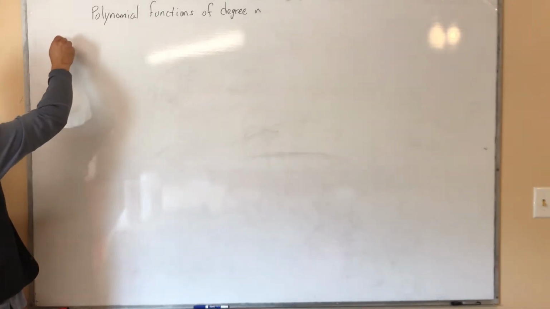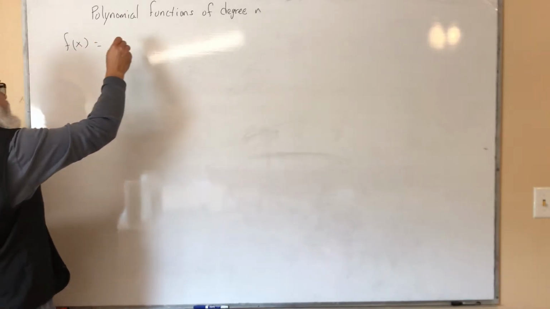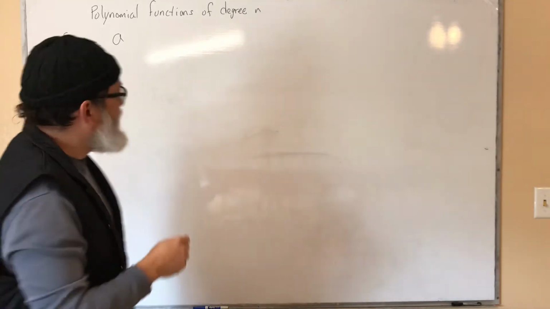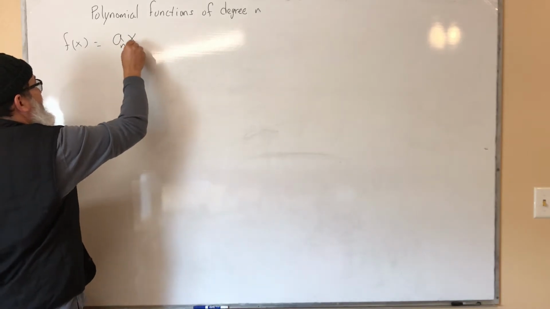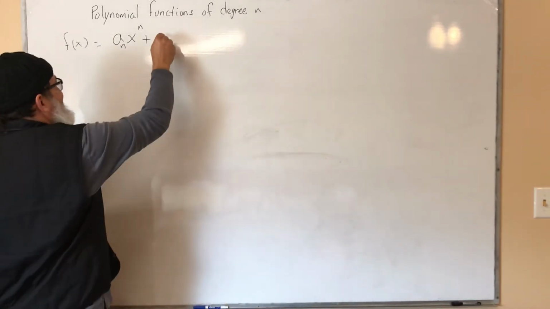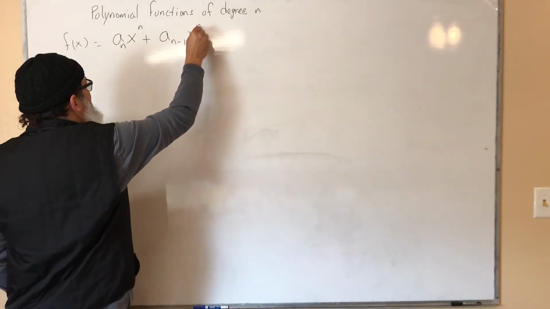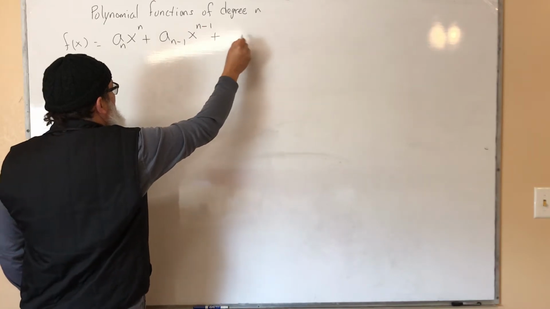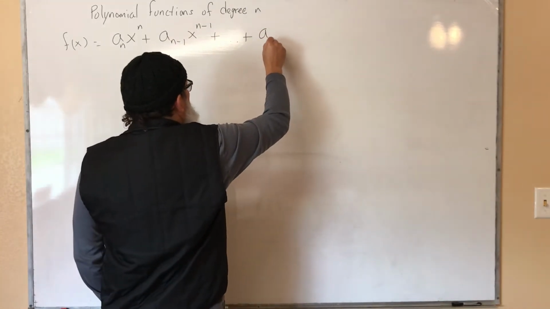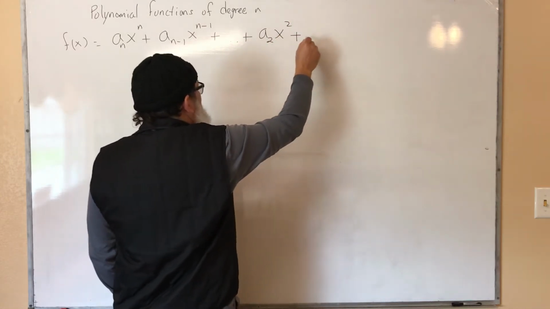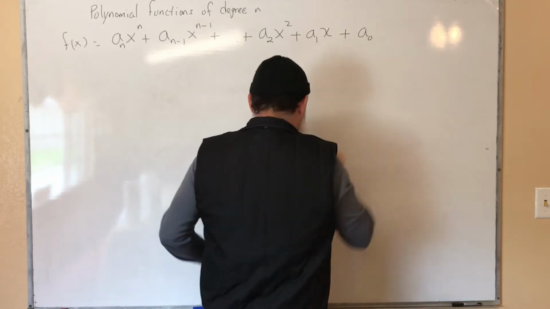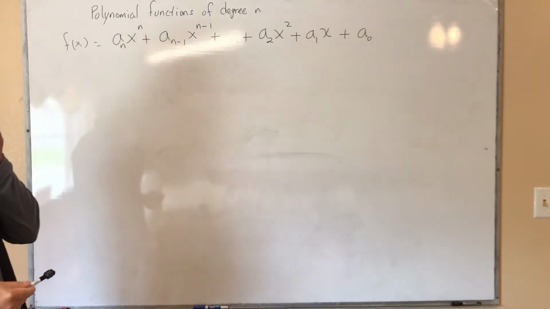Here it is. f of x equals a sub n x to the power of n plus a sub n minus 1 x to the power of n minus 1 plus blah blah blah all the way down to a sub 2 x squared plus a sub 1 x plus a sub 0. Okay, so this is a polynomial function of degree n.